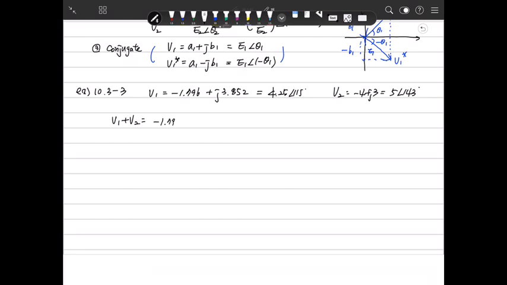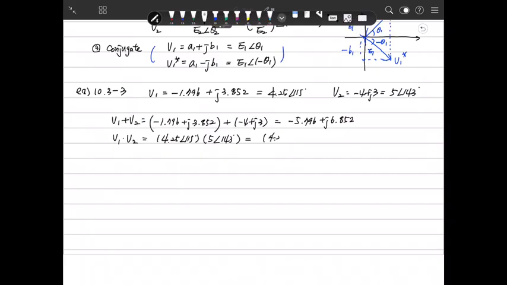So minus 1.796 plus j0.852 plus minus 4 plus j3. Then minus 5.796 plus j6.852. Then if we want to multiply V1 and V2, the polar form is more useful. 4.25 at 105 degrees multiplied by 5 at 143 degrees.